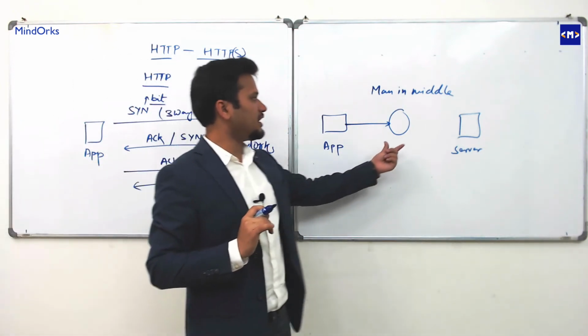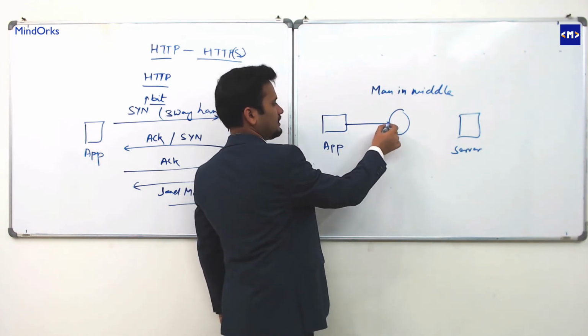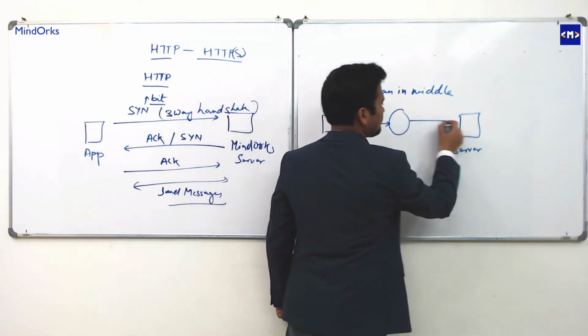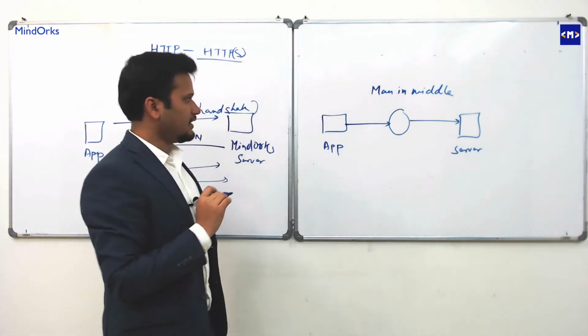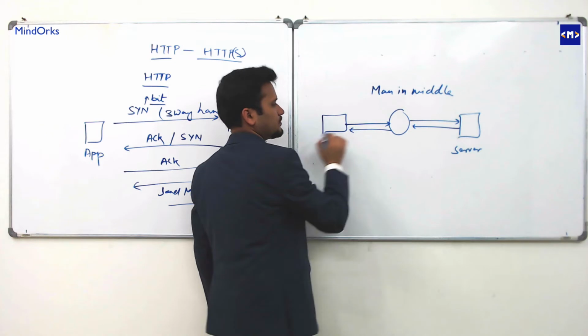This is an imposter, it will say yes, I know you, and it will then send that information to the server. The server will return a response, and it will forward this response to the app.